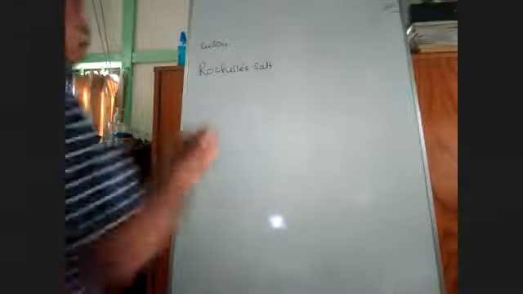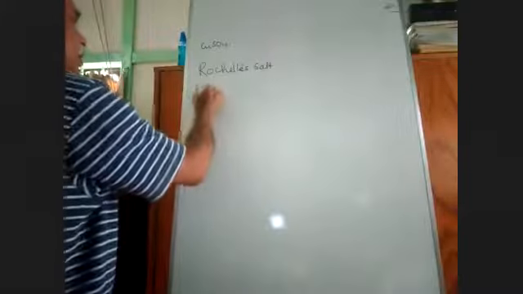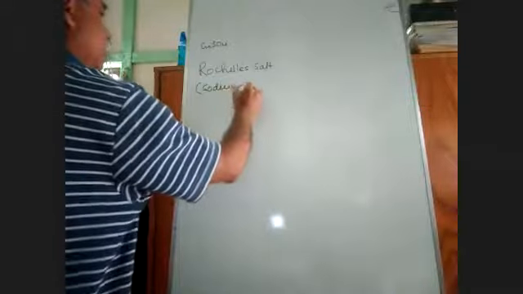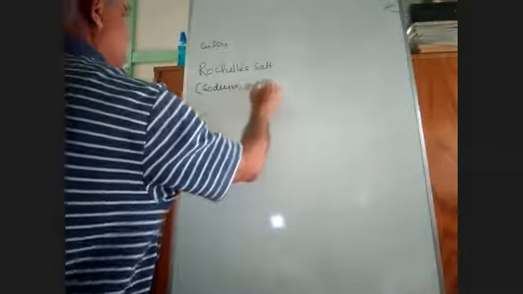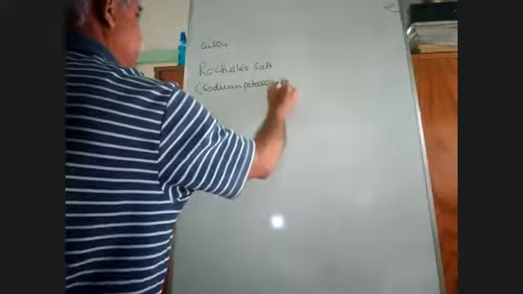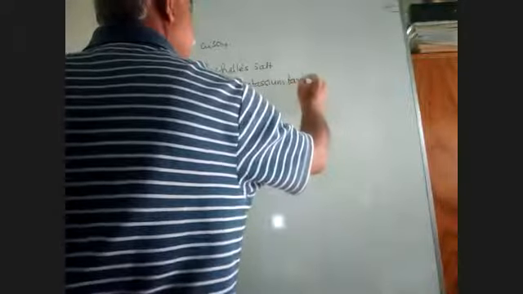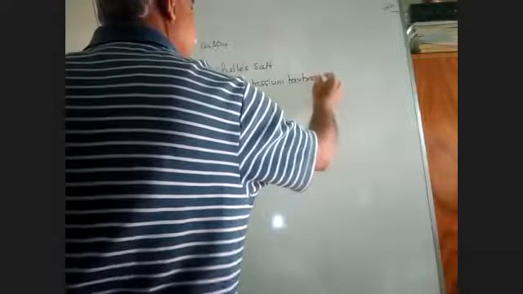Don't write chili. Rochelle salt. Within bracket, you'll write sodium potassium tartrate. Okay. How does it look like?